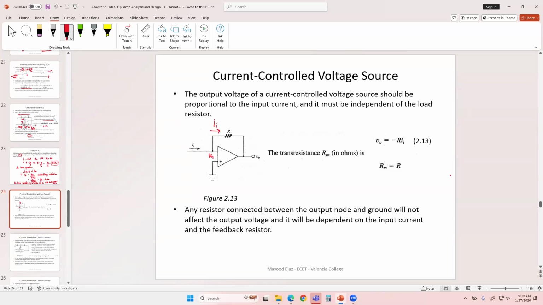So the current I input will be 0 minus V out over R. And the output voltage will simply be negative I input times R using Ohm's law, which you see in this equation right here.